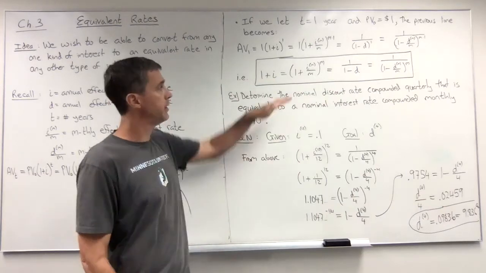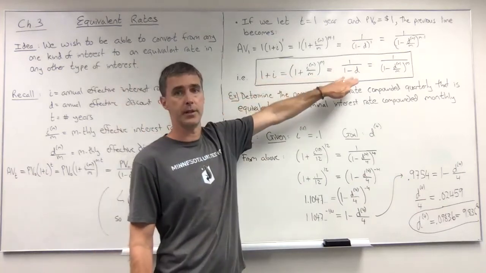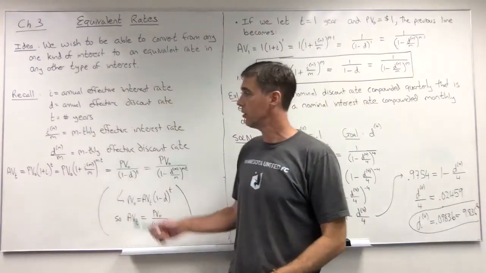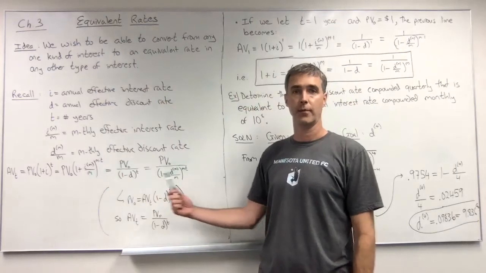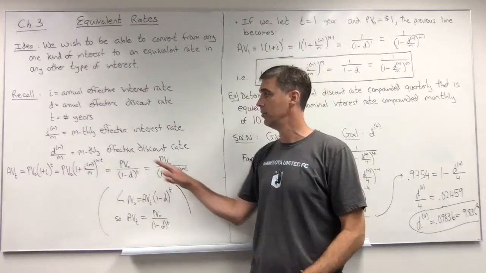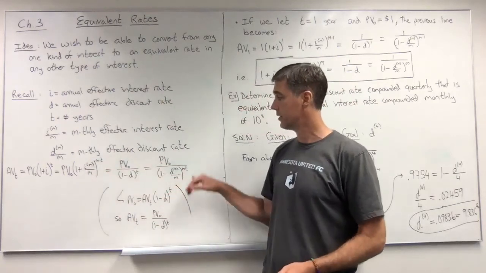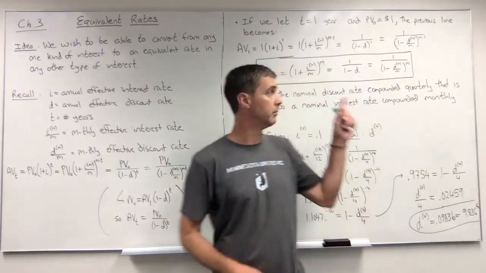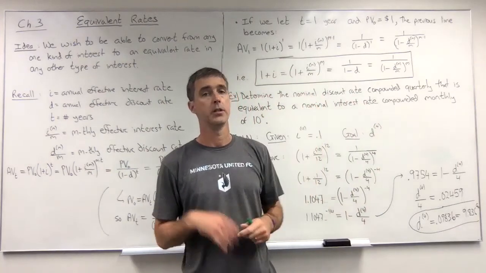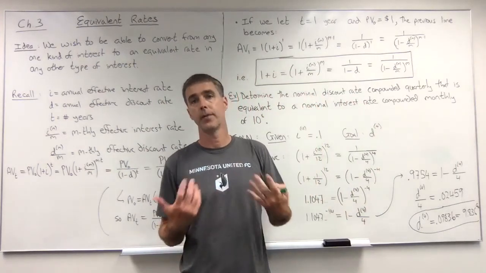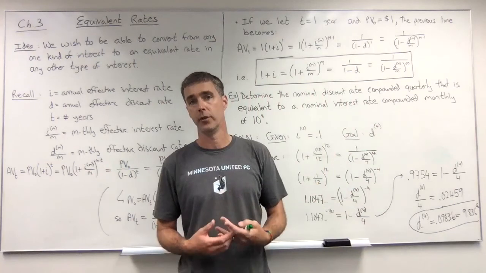And again, please don't feel you have to memorize this. As long as you can create the accumulated value with each type of interest, you can set those two accumulated values equal to each other, cancel the PV zeros, set t equal to 1, and you'll be right back to here, right? So don't try and memorize all these formulas. Think through them and memorize the minimal number that you need.